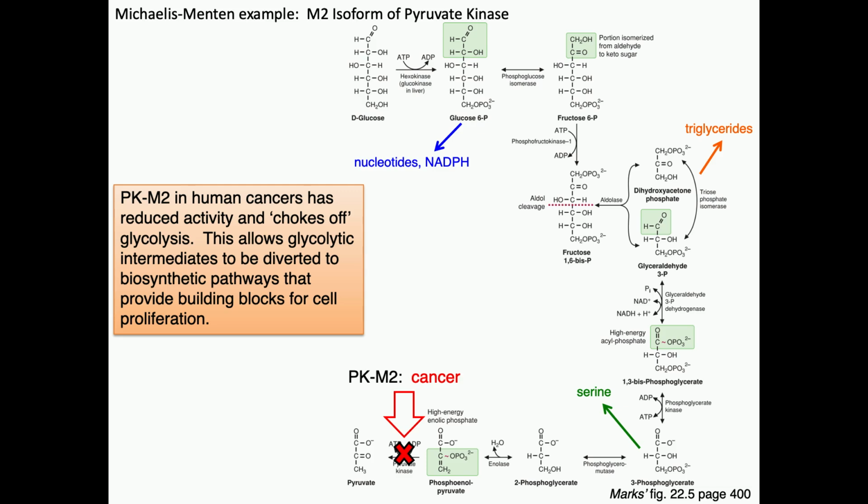So these intermediates in glycolysis can also support anabolic reactions that promote the cancer cell building new mass. Okay, so if you were going to target pyruvate kinase M2 as a cancer treatment, what type of drug would you want?